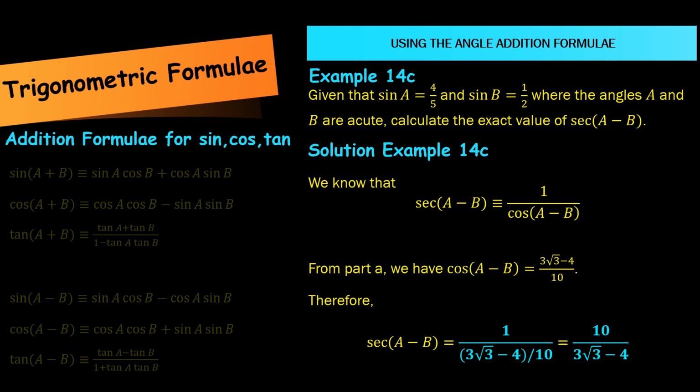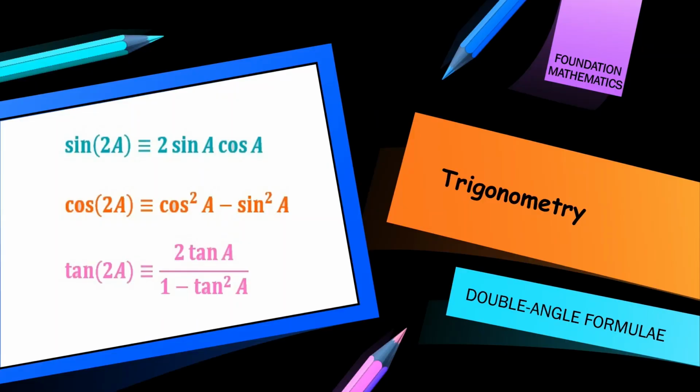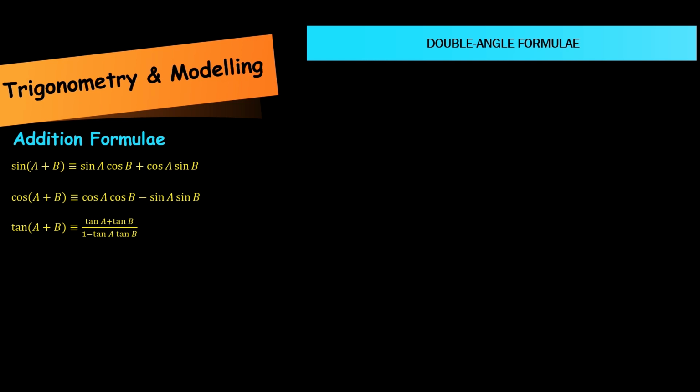We are now going to take a look at the double angle formulae. We're going to prove the double angle formulae by using the addition formulae. Let's consider sine(A + B) first.